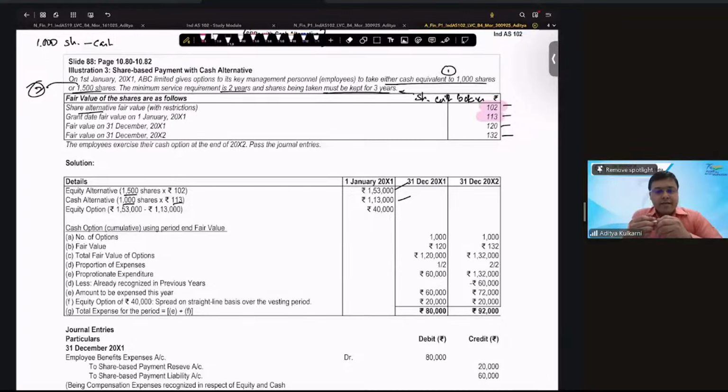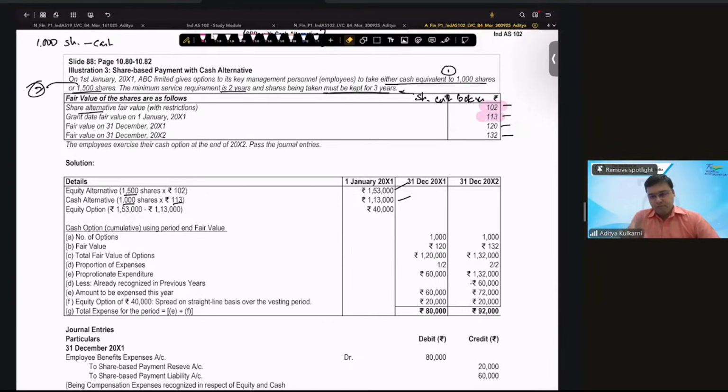What is the employee getting? He is getting one plan. That plan offers him two options. He can either go for cash or he can go for equity at the end. Let us suppose Ayush is working for one company where they give him a stock appreciation right worth 113.